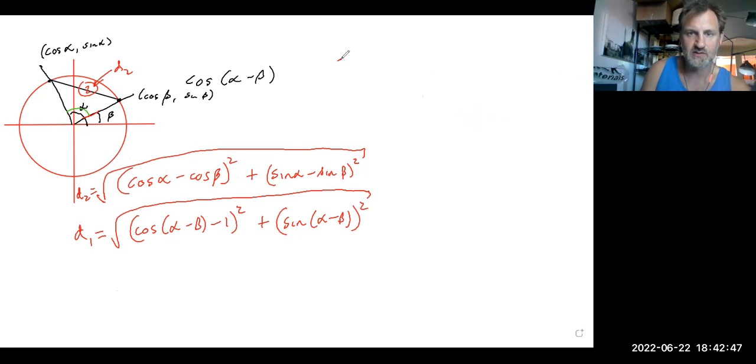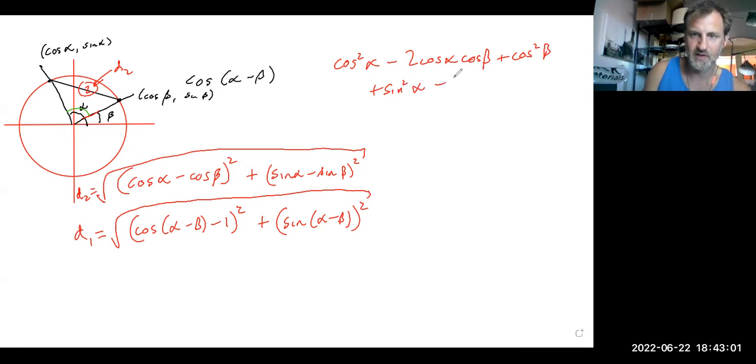So we've got cosine squared alpha minus 2 cosine alpha cosine beta plus cosine squared beta plus sine squared alpha minus 2 sine alpha sine beta plus sine squared beta.